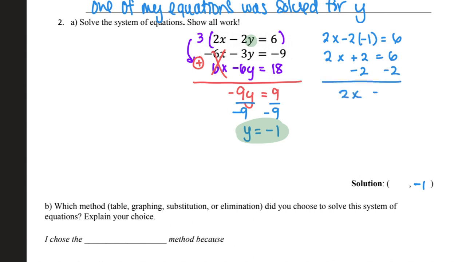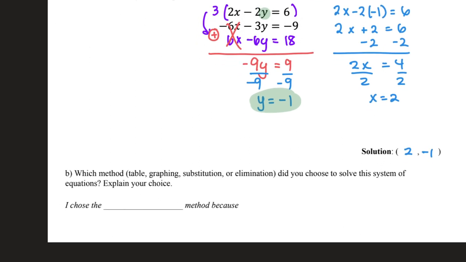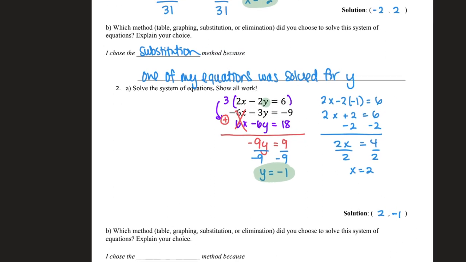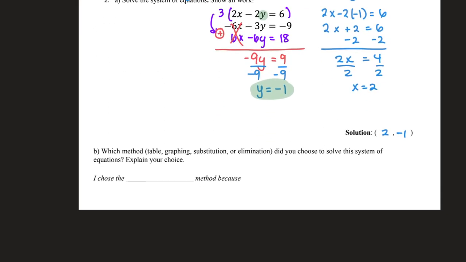So I have 2x is equal to 4, and then divide by 2. So x is equal to 2. So my solution is 2, negative 1. So which method did I use? I used elimination. And I chose elimination because both equations were in standard form.